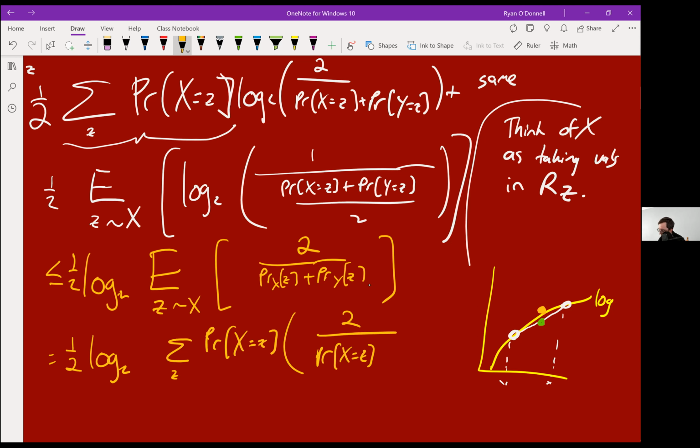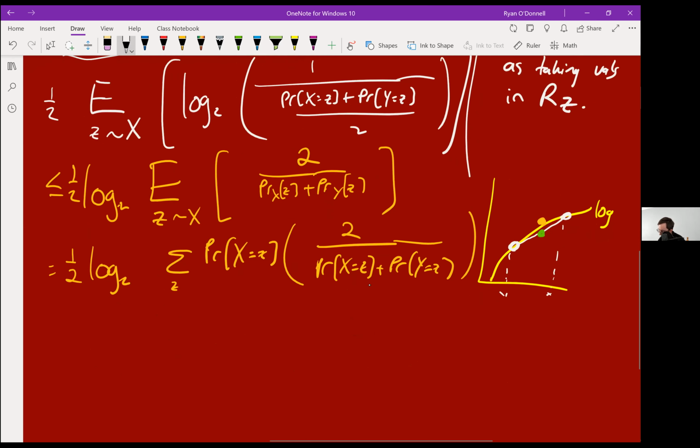Plus probability that Y equals z. Your dream here is that some nice algebra would happen. Right. It doesn't look super promising. We have some expression that looks like 2a over a plus b. This is a and this is b.